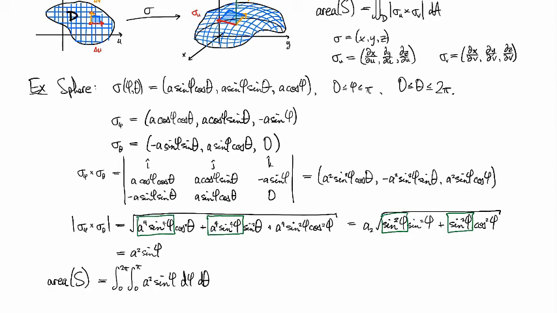Okay, so now we can apply the Fubini Theorem, and we've got rectangles and rectangles and rectangles. So with respect to theta, there's just 1. And then with respect to phi, we have sine phi d phi.